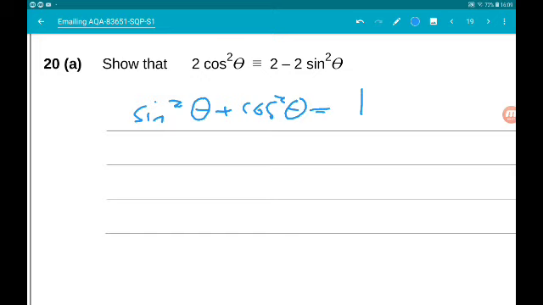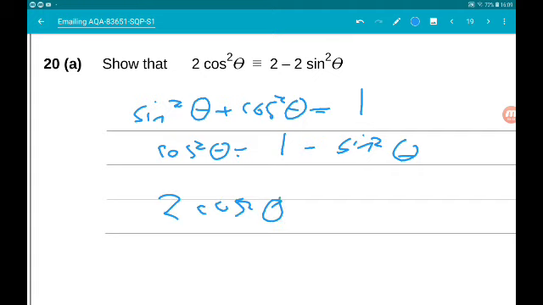Cos squared theta then is equal to 1 minus sine squared theta. So 2 cos squared theta is equal to 2 minus 2 sine squared theta.